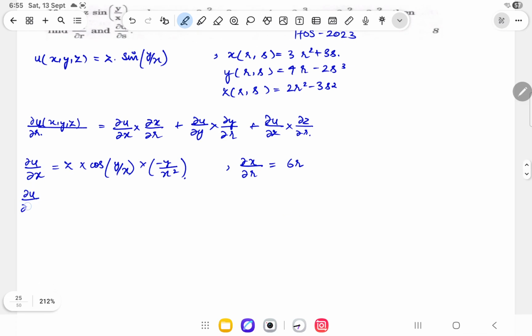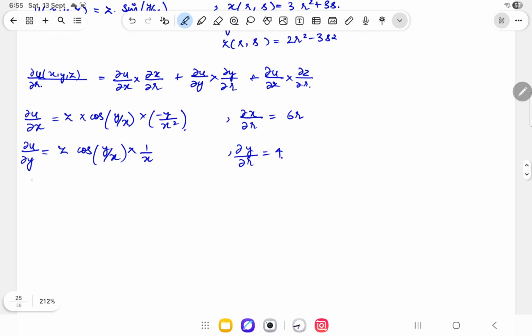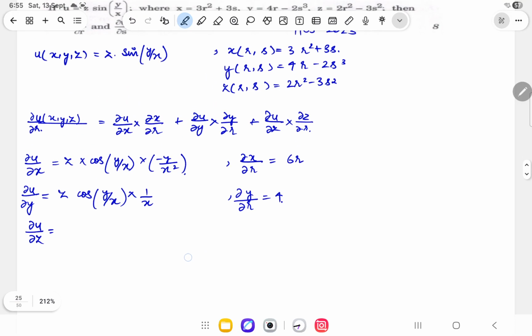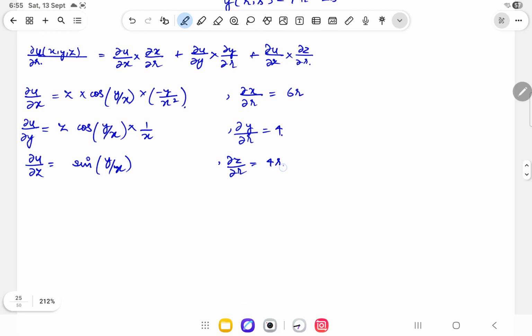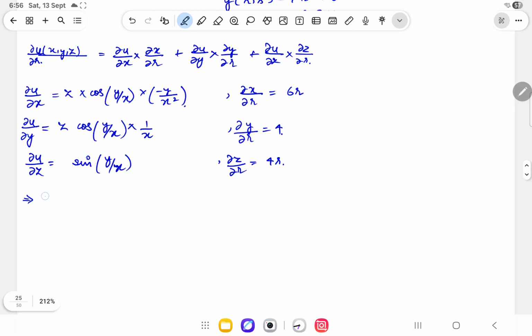Likewise ∂u/∂y is equal to z into cos(y/x) into 1/x, and ∂y/∂r is equal to 4. Likewise, if I calculate ∂u/∂z, I'll be getting sin(y/x), and ∂z/∂r is equal to 4r.